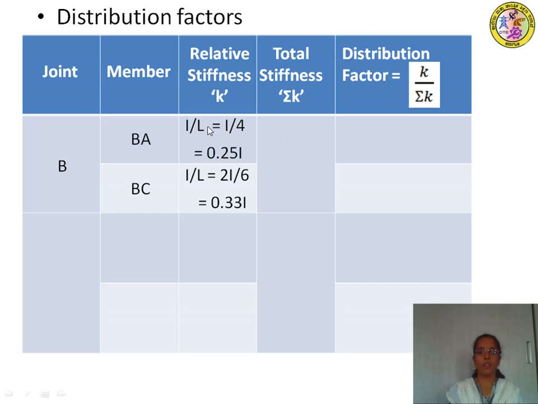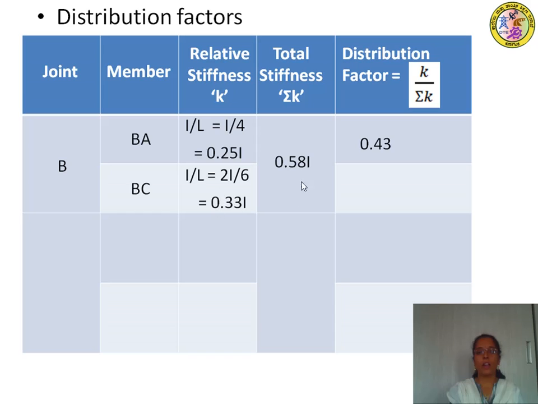So the total stiffness of joint B is the summation of relative stiffnesses of all the members meeting at joint B, so that is 0.25 I plus 0.33 I, which is equal to 0.58 I. So distribution factor for BA is the ratio of 0.25 I to 0.58 I, which is equal to 0.43, and distribution factor for BC is the ratio of 0.33 I, relative stiffness for BC, to total stiffness.